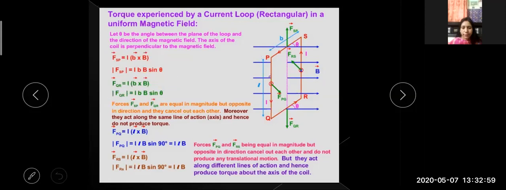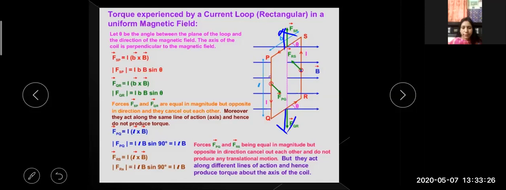When we apply Fleming's left hand rule, we get the direction of force SP in upward direction as shown in the figure, and the force on QR is in this direction.